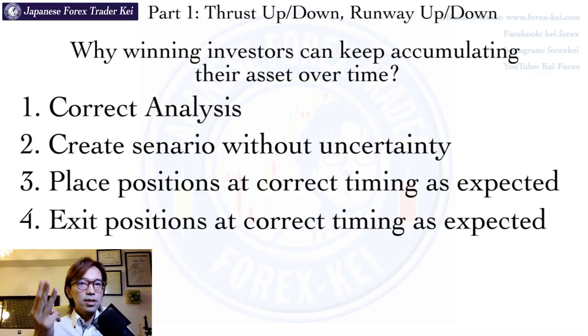And the third, they place the positions with the correct timing as expected, and the lot sizing, the position sizing, is also based on the timing and the price actions on the market. And the fourth, they exit their positions also at their expected timing, and the exit includes not only just taking profit, but also it also means cutting their loss. But they do so exactly when it's the right timing as they expected.